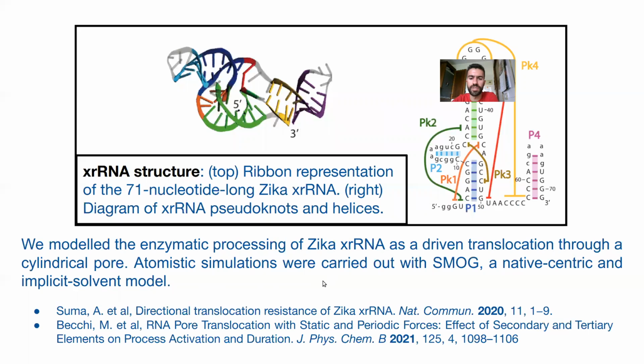We performed simulations using SMOG, which is a native-centric, implicit solvent model that is able to reproduce the native conformation of the molecule. And here you can see the references to the two works I'm talking about.